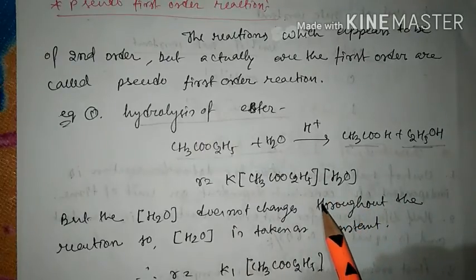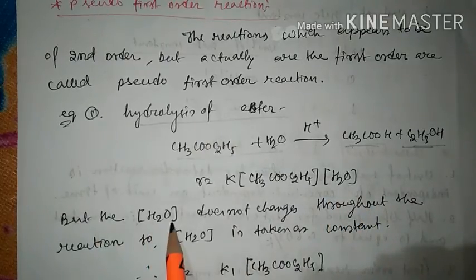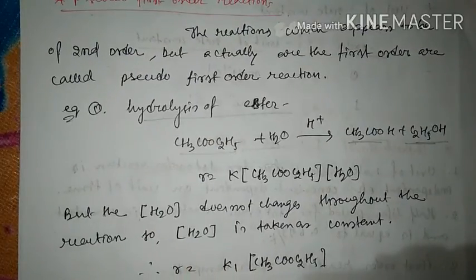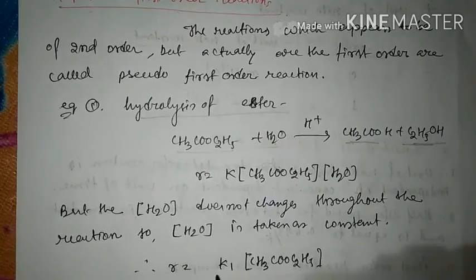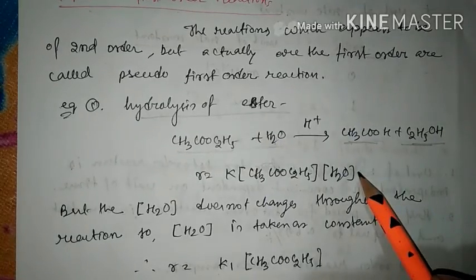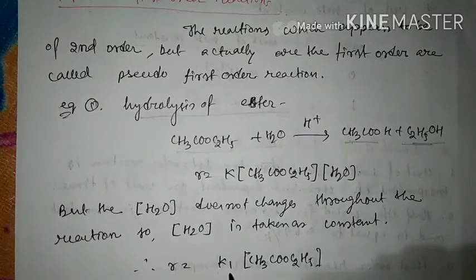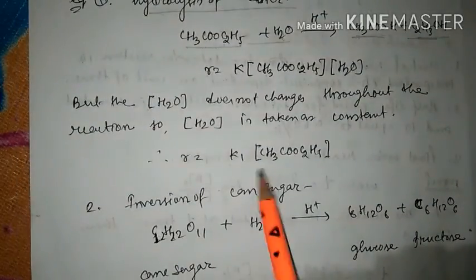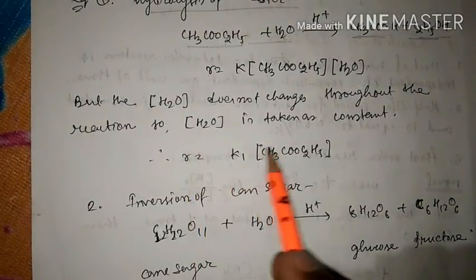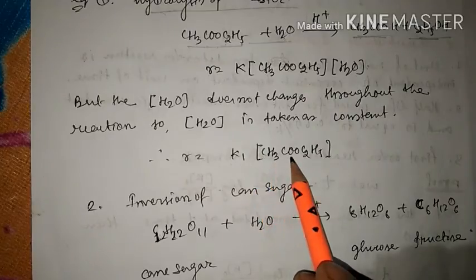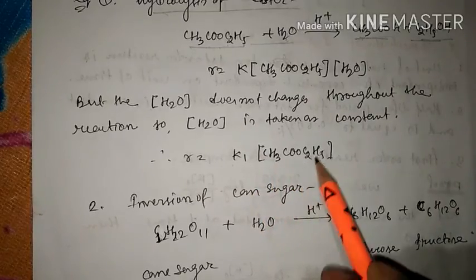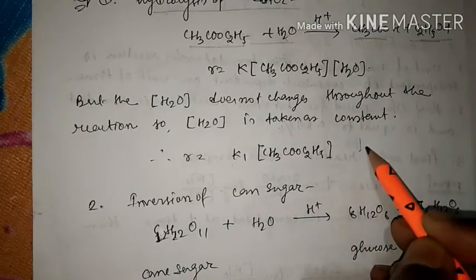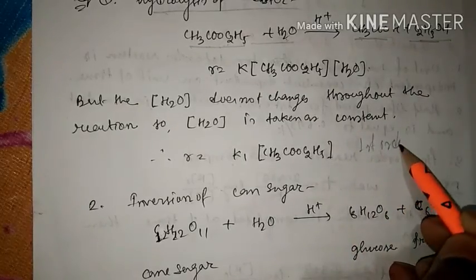But actually the concentration of water does not change throughout the reaction, so it is taken as constant. Constant into constant is another constant k1, and it becomes R equal to k1 concentration of CH3COOC2H5. That means ethyl acetate follows a first order reaction.